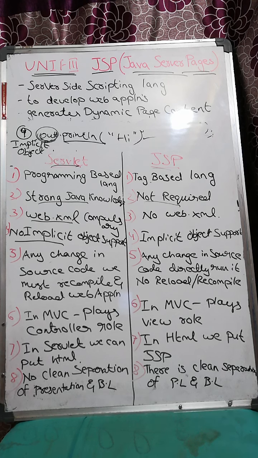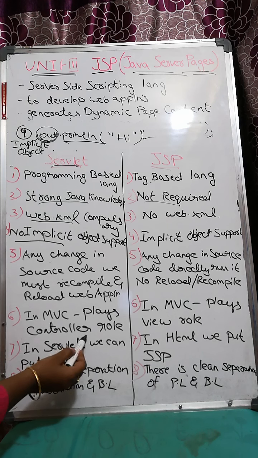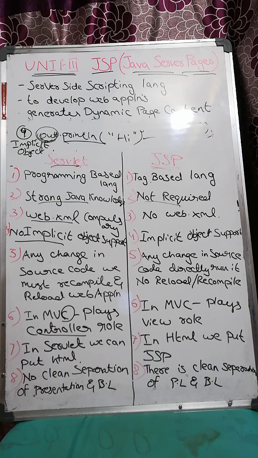Next, the sixth difference is in MVC architecture. We know that MVC is a design pattern and it is followed by all the reputed organizations. MVC is Model View Controller. In this MVC architecture, servlet plays the role of controller. So C is Controller. This controller logic, that is integration logic, we can put in the servlet.